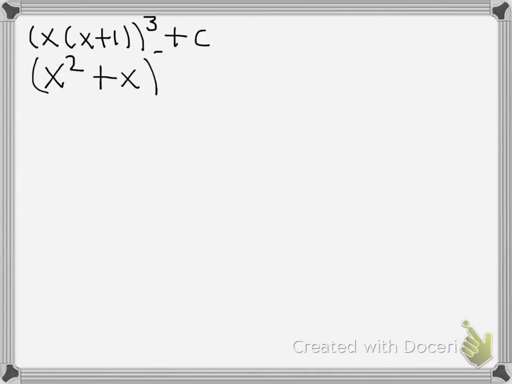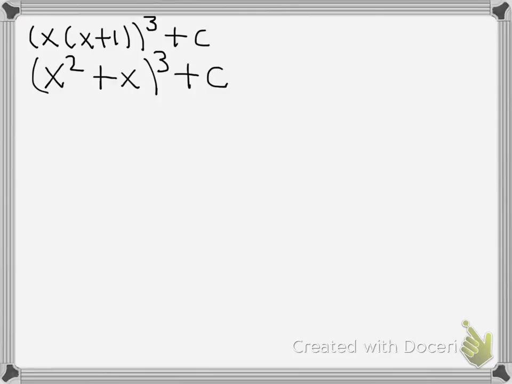Off to the side over here: parentheses, x times x plus 1, parentheses, everything to the 3rd power. Okay? So, what we did is we said x to the 3rd times x plus 1 to the 3rd is 2 things together, both to the 3rd, and I can just distribute that, which is x squared plus x, all of that to the 3rd, still plus our constant. You might be thinking to yourself, why is she doing this?